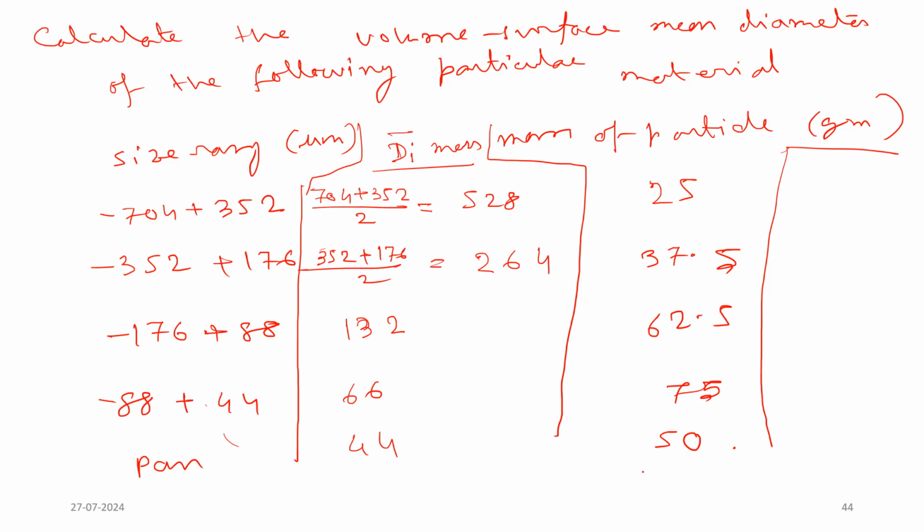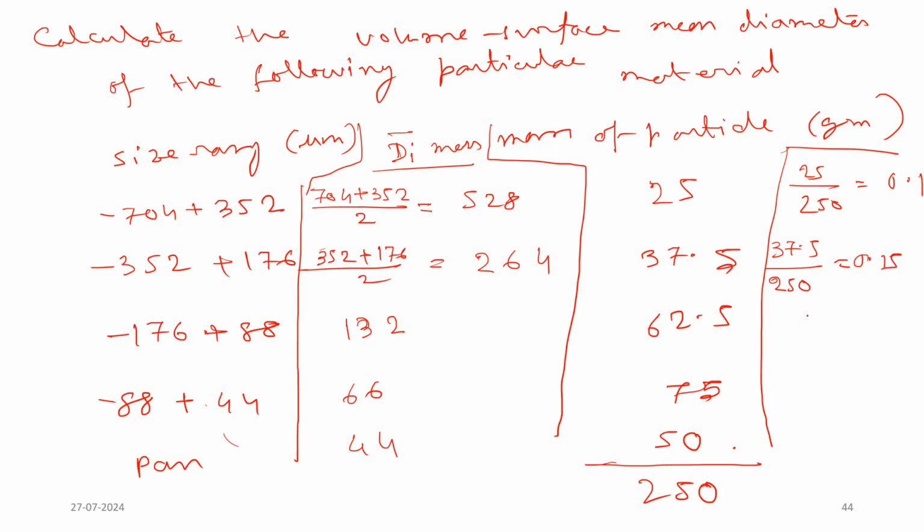Now the mass fraction. First we have to sum it up. How much is coming? 25 plus 37.5 plus 62.5 plus 75 plus 50. It is 250. Total mass is 250. Now we are dividing individually. So 25 by 250 equals 0.1. 37.5 by 250 equals 0.15.